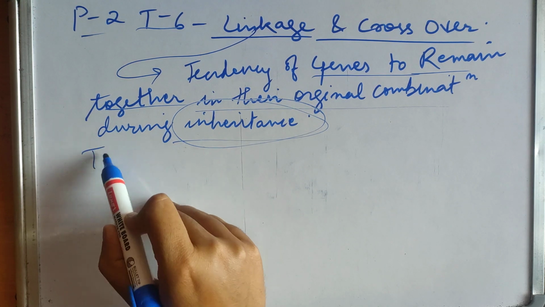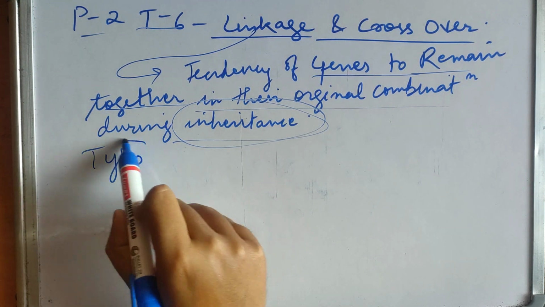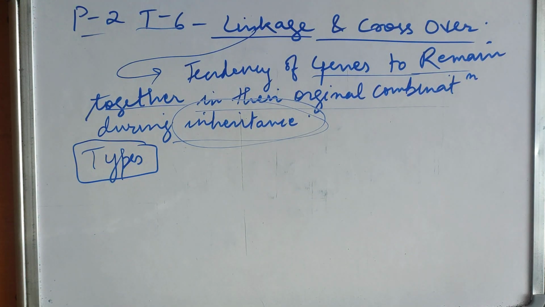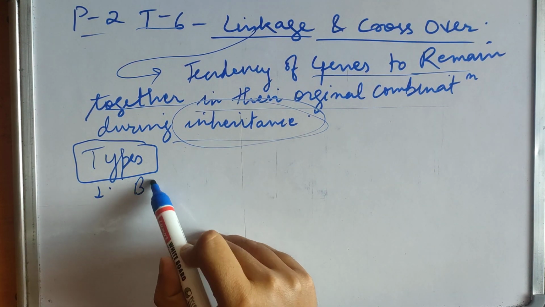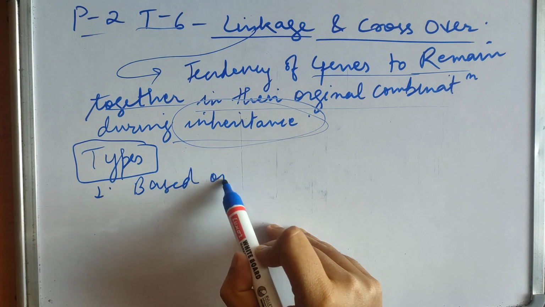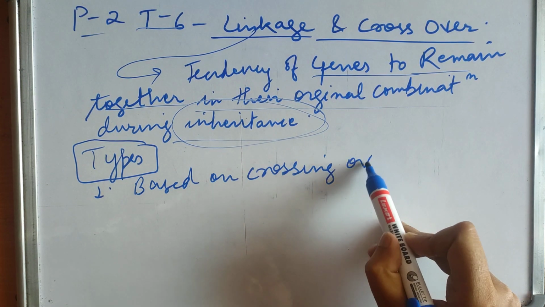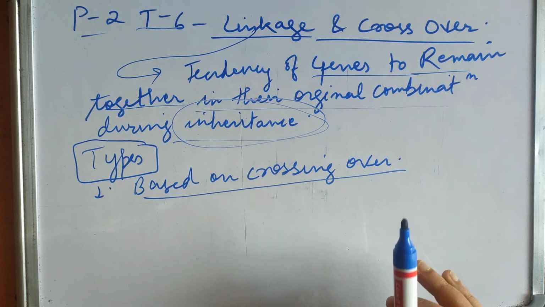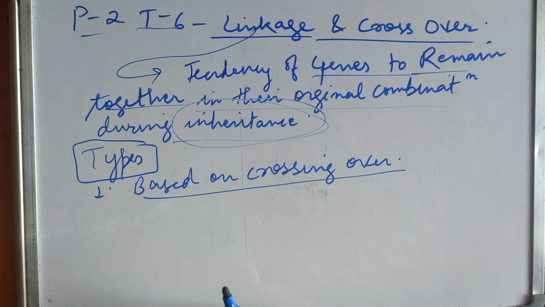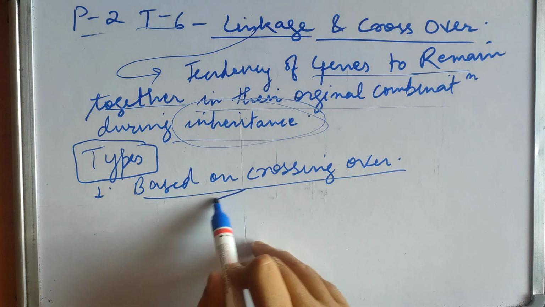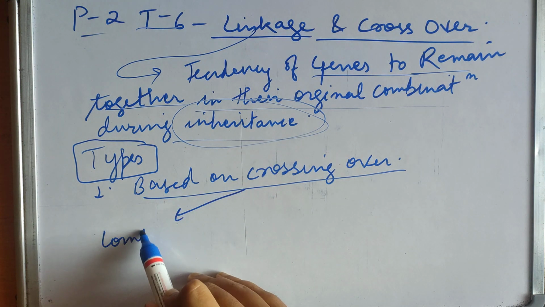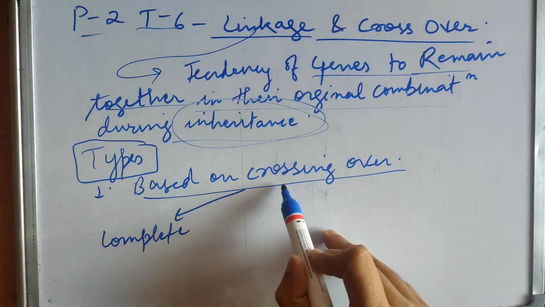Now what are the types of linkage? First, types based on crossing over. Based on crossing over, we have got two types: one is complete linkage and one is incomplete linkage.